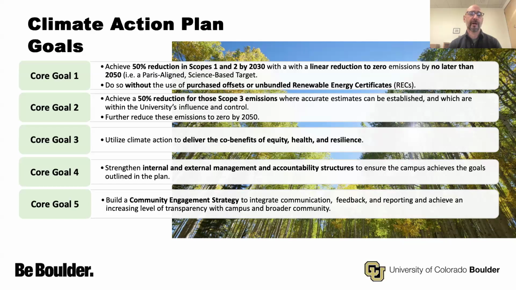The main goal was, for the first time in campus history, to take on all scopes of emissions, scope 1, 2, and 3, and to align those reductions with the Science-Based Targets initiative. So we have short-term goals of 50% and long-term goals of zero. We did so without the use of RECs and offsets, which is pretty controversial. But from an engagement perspective, this took out of the discussion the haggling about what percent reduction is appropriate.